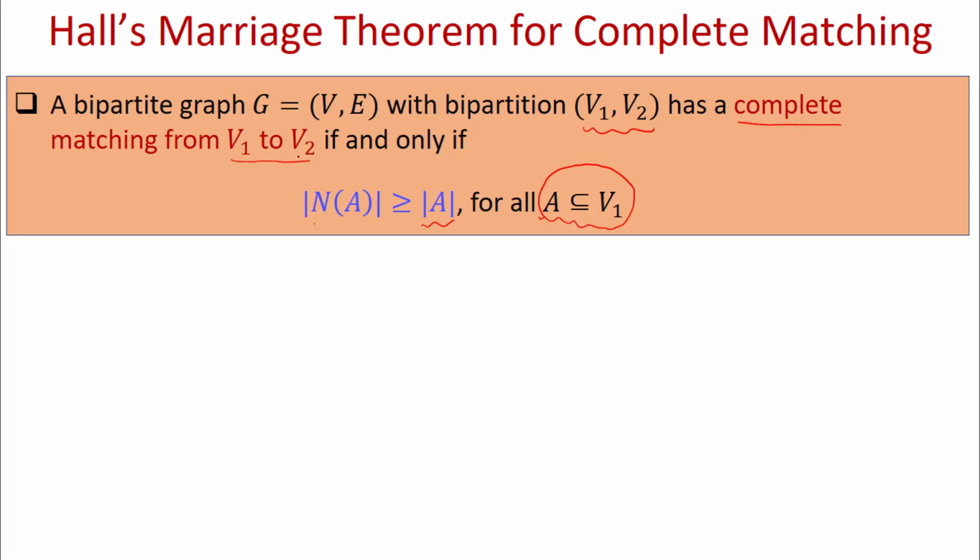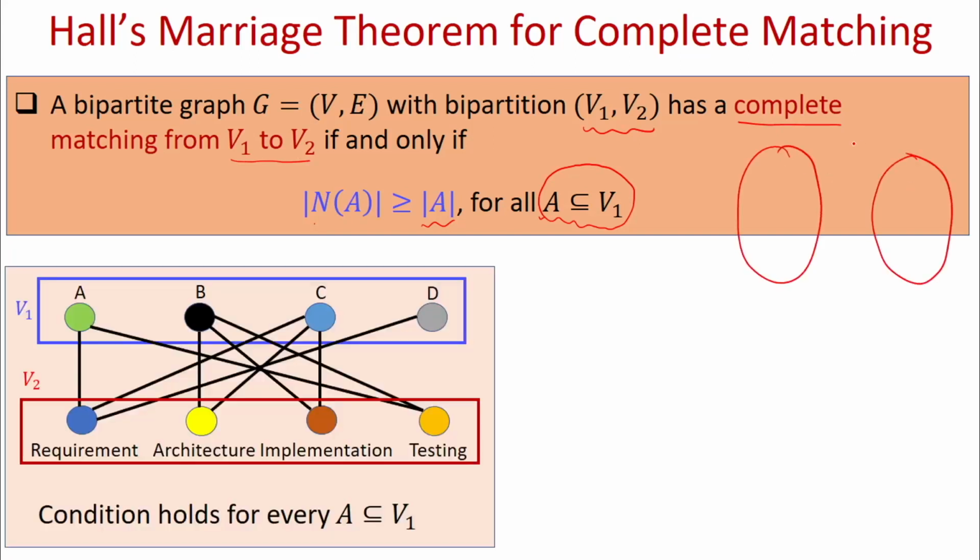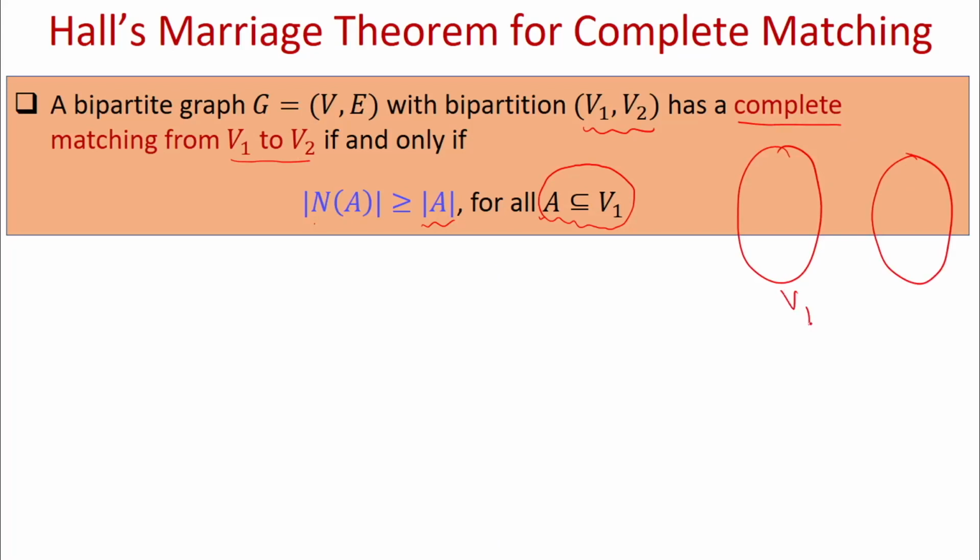If this is a bipartite graph, and you have any subset A here, it should have either the same number of neighbors in V2 as the number of nodes in A, or more neighbors. It can't have fewer neighbors in V2, right?